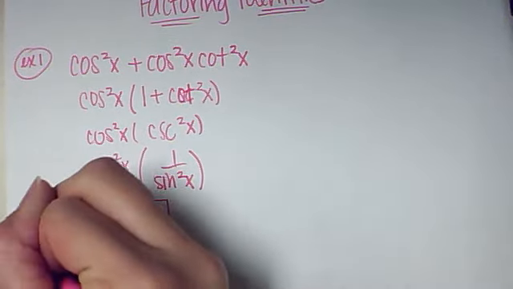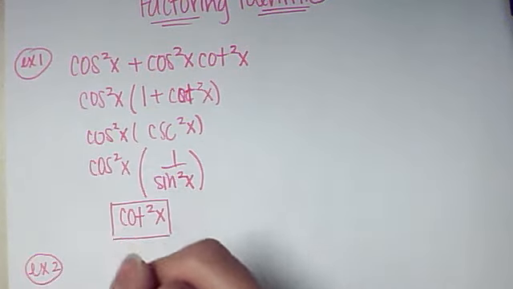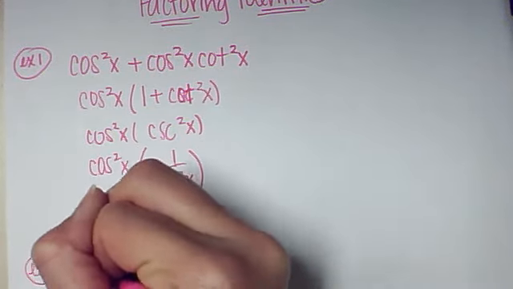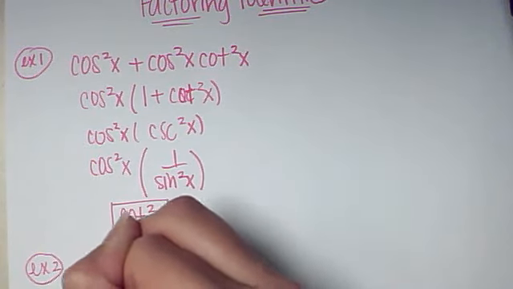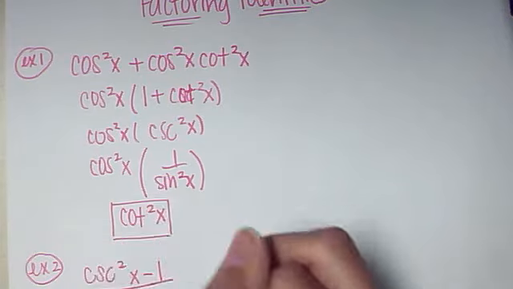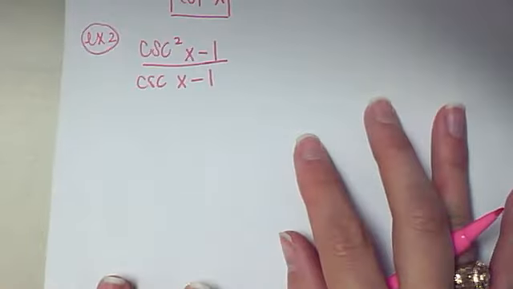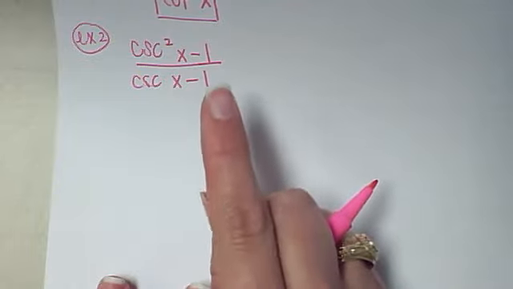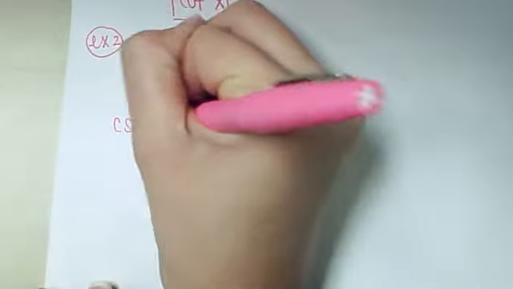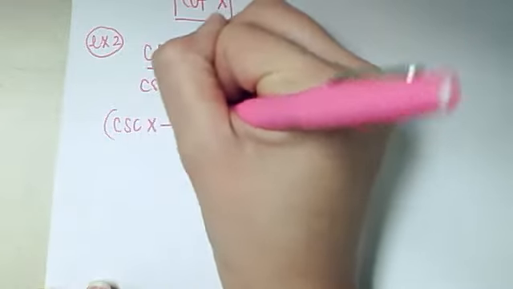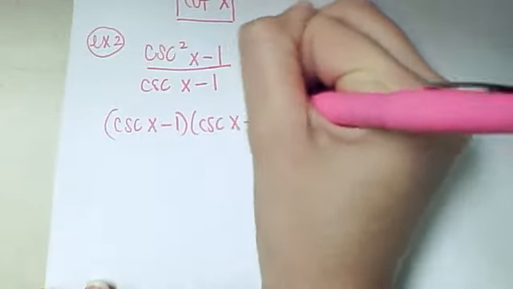Example number 2. If I'm talking about the difference of squares, so I have cosecant squared x minus 1 over cosecant of x minus 1. The difference from top to bottom here is that the top has a squared. Now, if it's the difference of squares, I've got something being subtracted on top, so I can factor that out into cosecant of x minus 1 times cosecant of x plus 1.